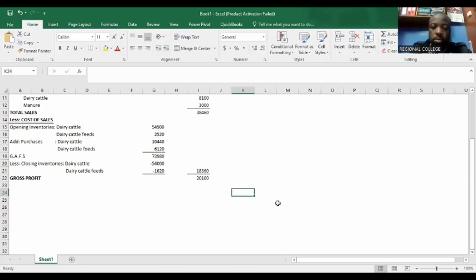Then expenses. From the gross profit, you can check if there are certain incomes that we can earn.